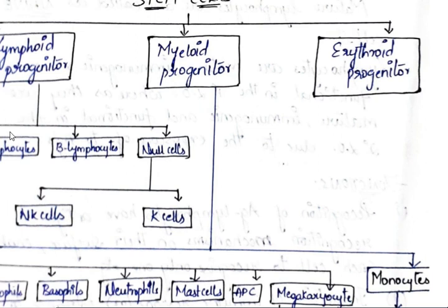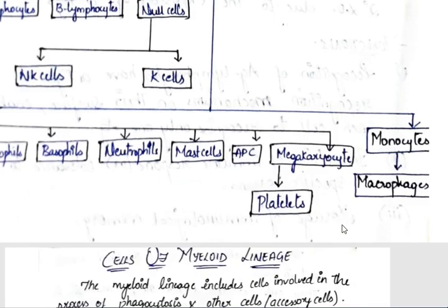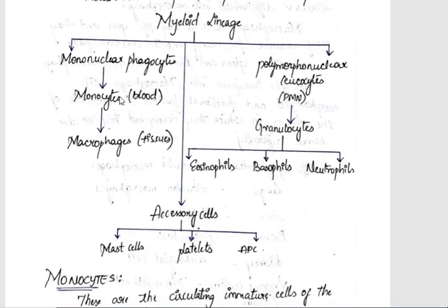So lymphocytes are of three types: T lymphocytes, B lymphocytes, and null cells. Okay, and the null cells are again of two types: natural killer cells and killer cells. This whole thing we have discussed in detail in another part, and in this part we went through the monocytes, that is macrophages, their function, then polymorphonuclear cells: eosinophils, basophils, and neutrophils. So that's the end of the cells of the immune system.